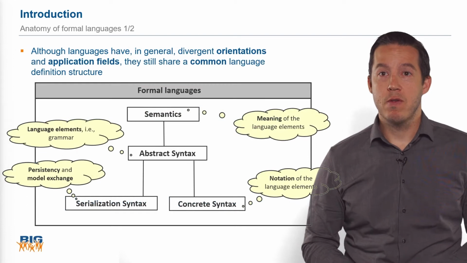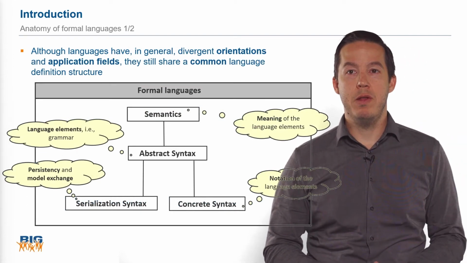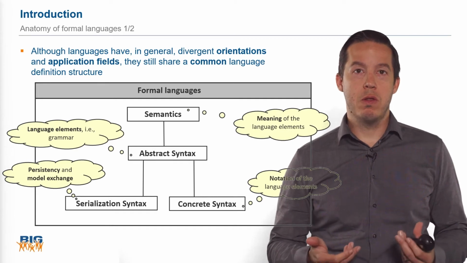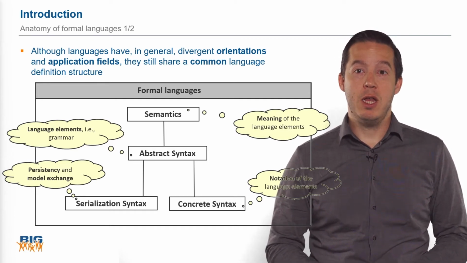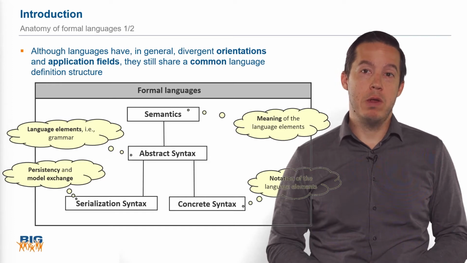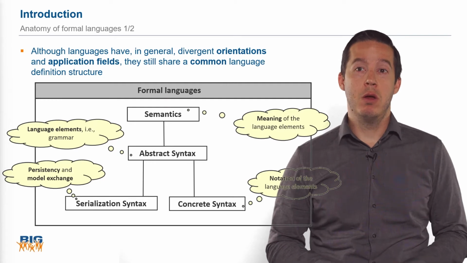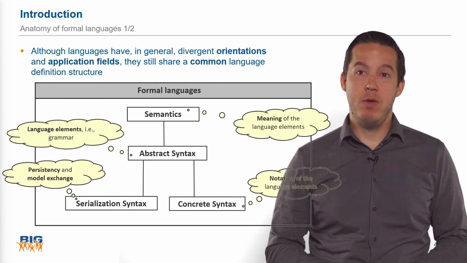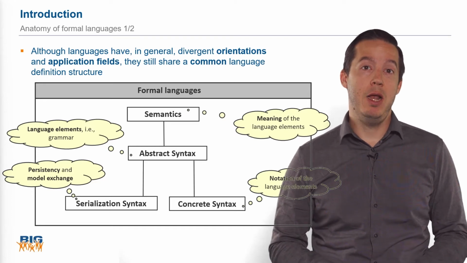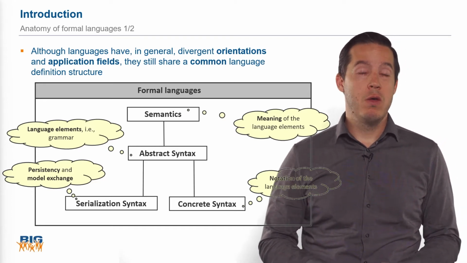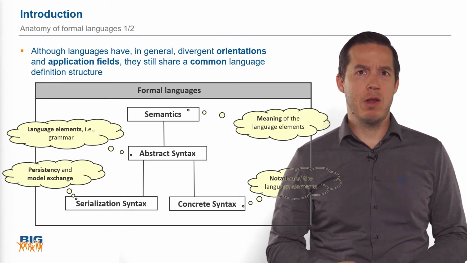All right. Before we go into the details, I also want to introduce the basic components or constituents of what forms a modeling language. There are different aspects that need to be considered to compose what we call a formal modeling language. On the highest level, we have semantics. They define the meaning of the elements in our metamodel. For example, if we talk about an activity diagram, what is the semantics of an activity?